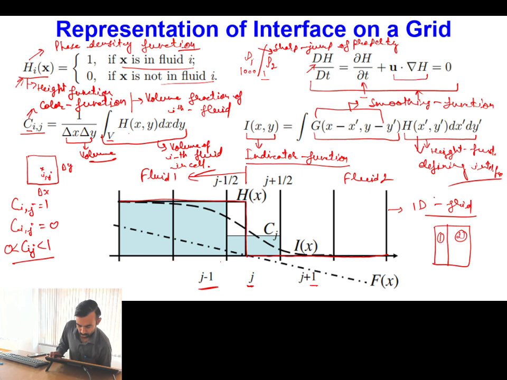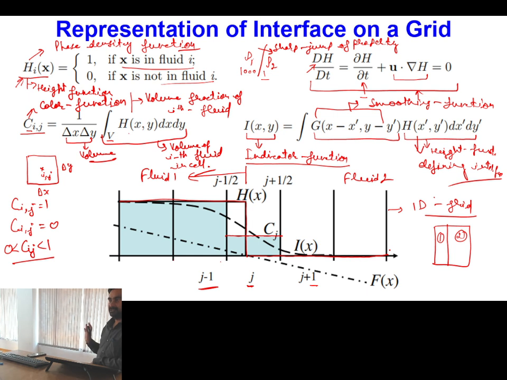Fluid 2. So ultimately the value of C_j for this cell is somewhere between 0 and 1. Is this one clear? And after this, everywhere this value is equal to 0. All are clear with this point?